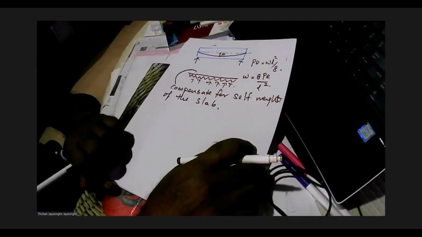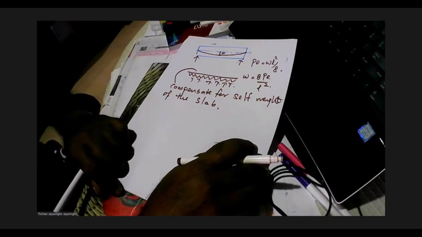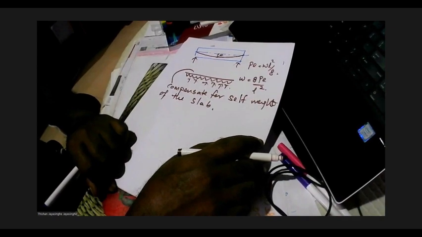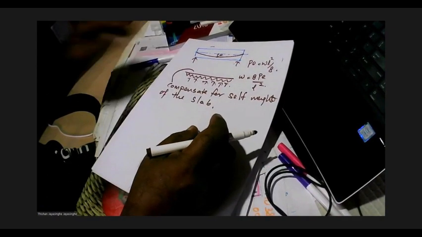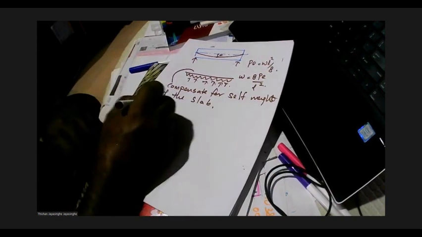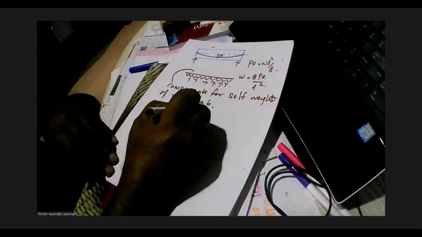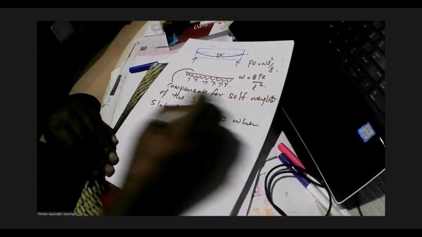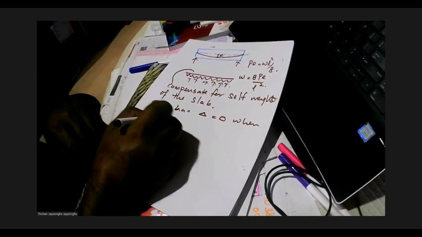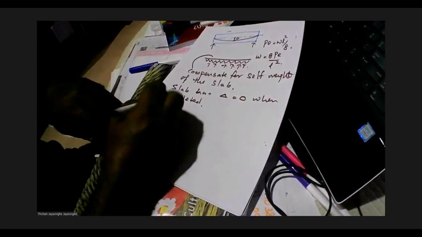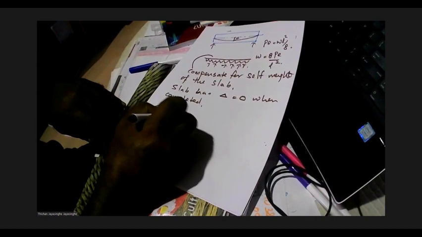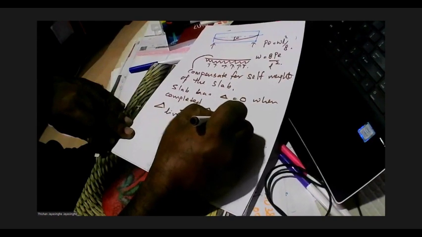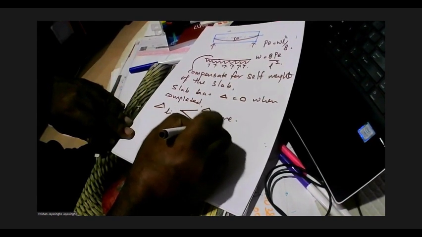When you compensate for the self-weight of the slab, the slab has delta equals 0 when completed. So deflection is only due to live load, which has two advantages, and it becomes only the delta due to live load and the full section is effective.